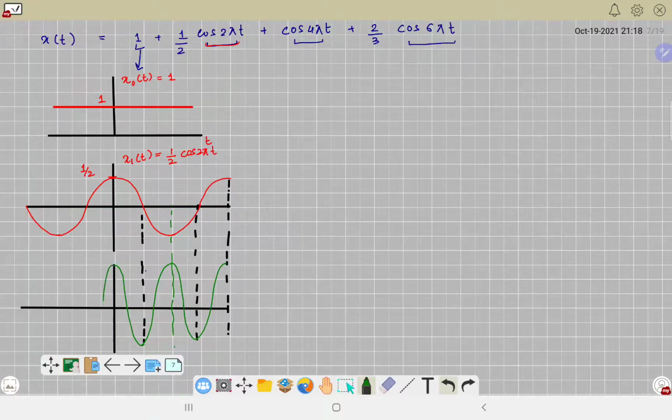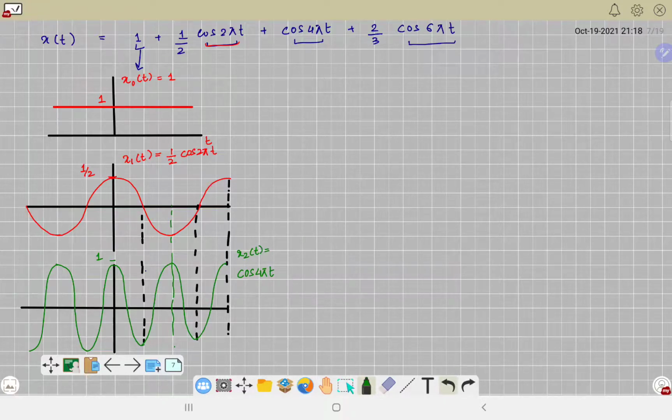Then again you can proceed on the negative axis. Fine. So this is 1 and this is cos 4 pi t. Let's call it x2 of t.